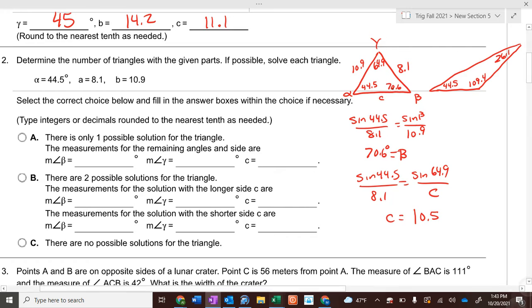Which makes sense because if 70.6 is opposite of 10.9, 64.9 is close to that but a little smaller, so 10.5 is close to that, a little smaller.